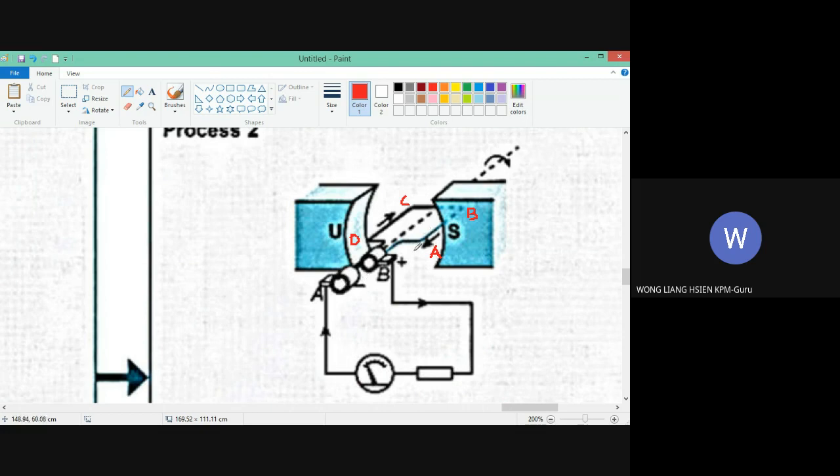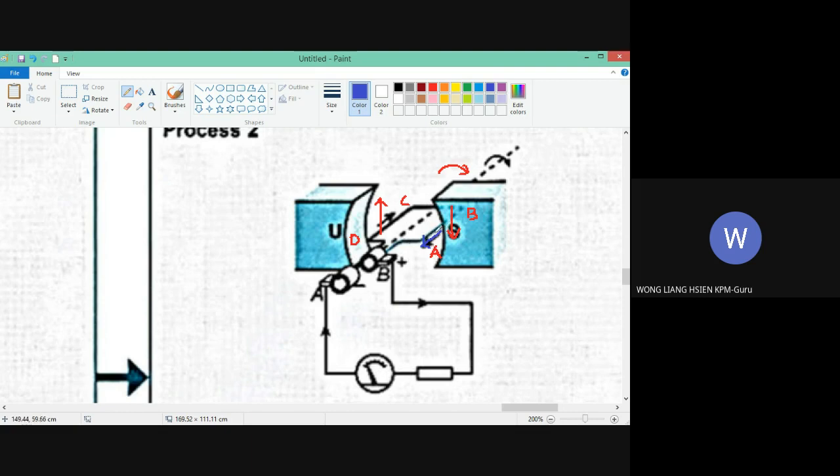If it rotates in this direction, the AB coil will cut downward and the CD will cut upwards. By using Fleming's right-hand rule, with the magnetic field from north to south and the direction of cutting downward, the direction of current is this direction.